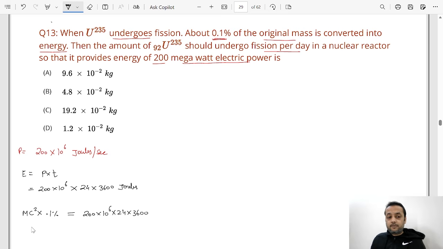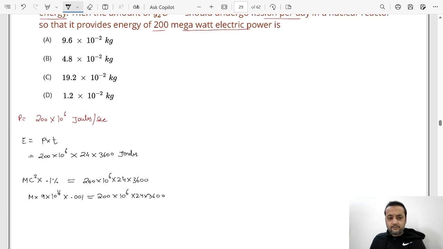Now what is the value of c square? c, the speed of light, is 3 into 10 to the power 8, so c square becomes 9 into 10 to the power 16. And 0.1% means 0.001. So this is 200 into 10 to the power 6 into 24 into 3600. Now it's just a case of calculation.